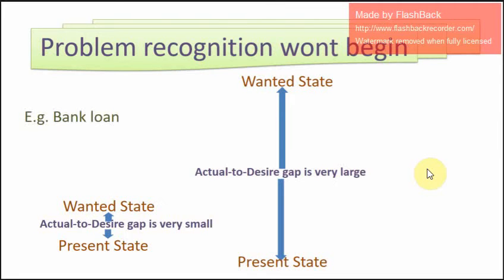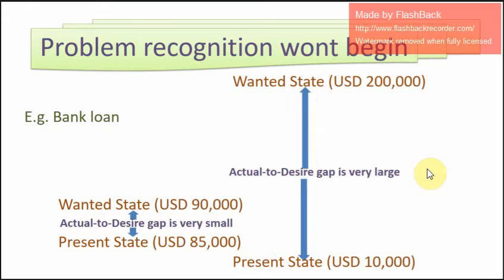Let us think that a consumer wants to take a loan from a bank for USD 90,000. If the consumer already has USD 85,000, this gap of 5,000 USD is too small for the consumer to really approach a bank for this smaller loan.